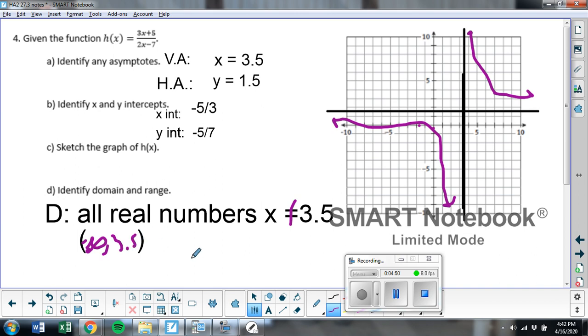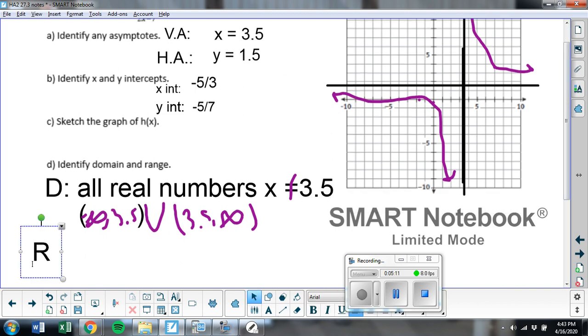Any other values I can have for x? Yes, so we're going to do what's called the union, which is just a U basically. And then we can have more values. We can have x's from 3.5 to infinity. And we should use parentheses, not brackets, because we don't include 3.5 and we don't include infinity.